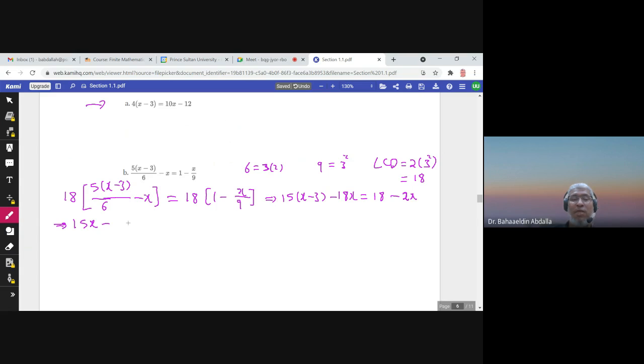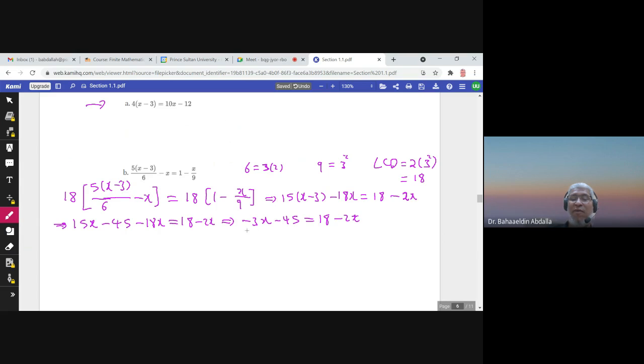15x minus 45 minus 18x equals 18 minus 2x. 15x minus 18x is negative 3x minus 45 equals 18 minus 2x. I want to get rid of this one, so I will add 2x to both sides.